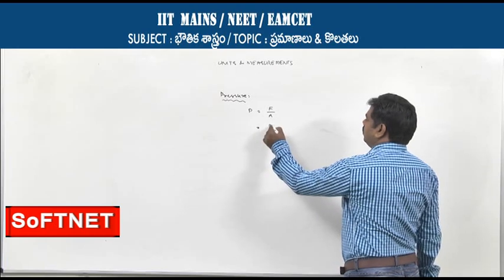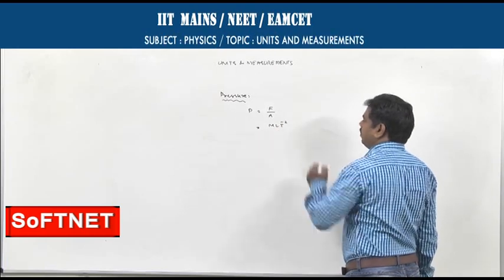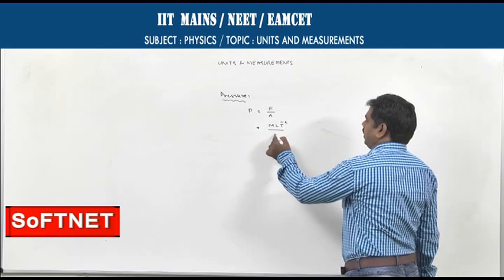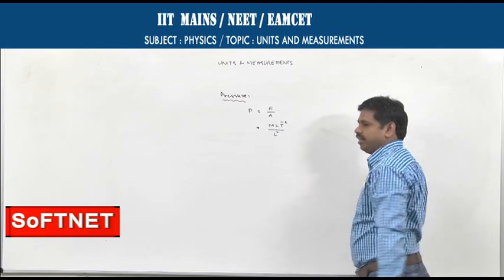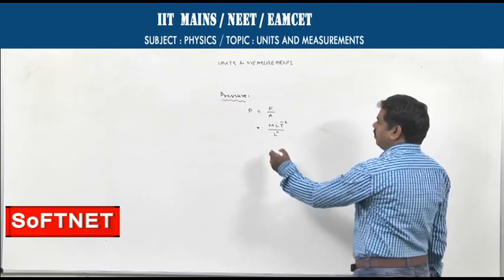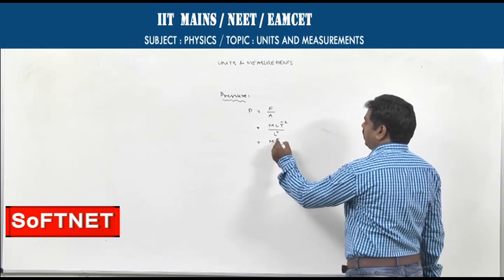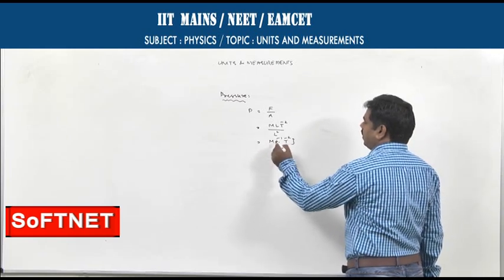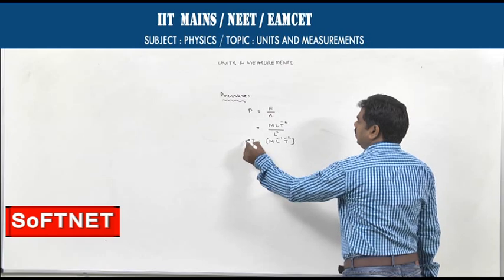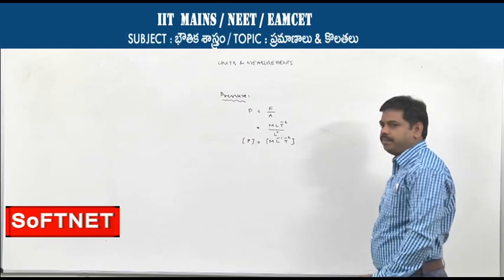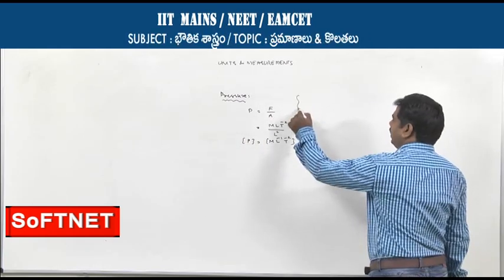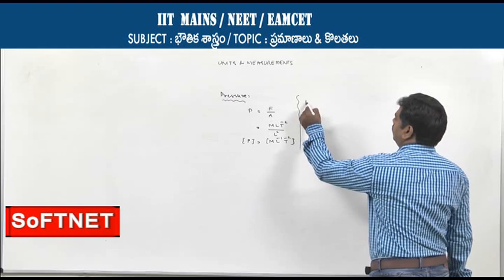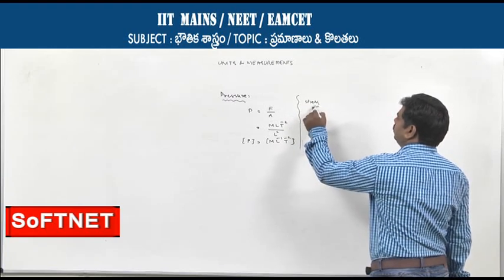Here force is equal to, as we already discussed, MLT^-2 and area is equal to L^2. Now what we get here, simply ML^-1T^-2, it is the dimensional formula of the pressure.